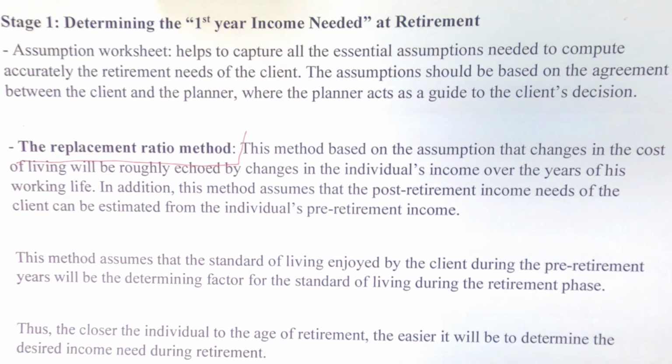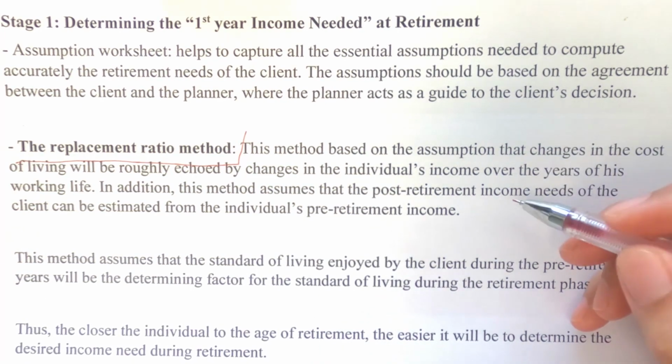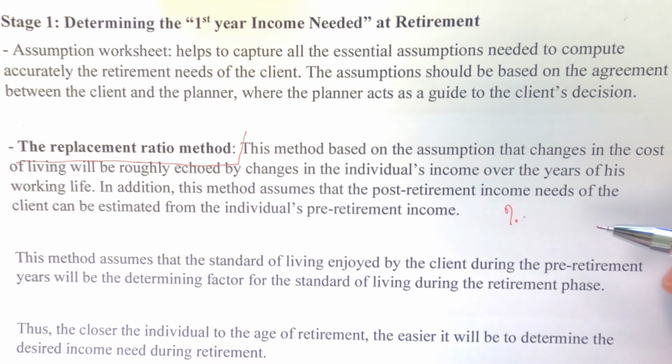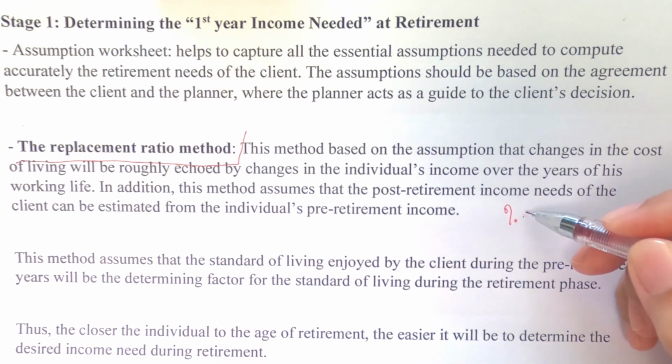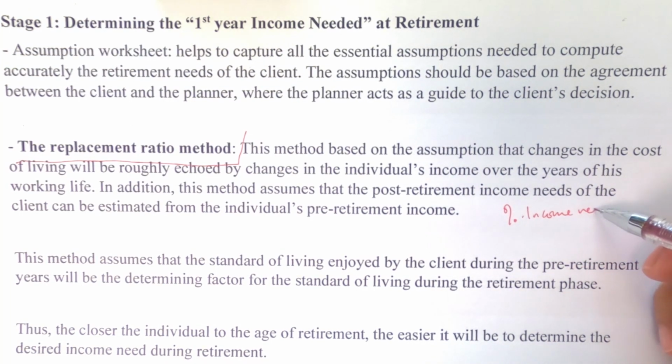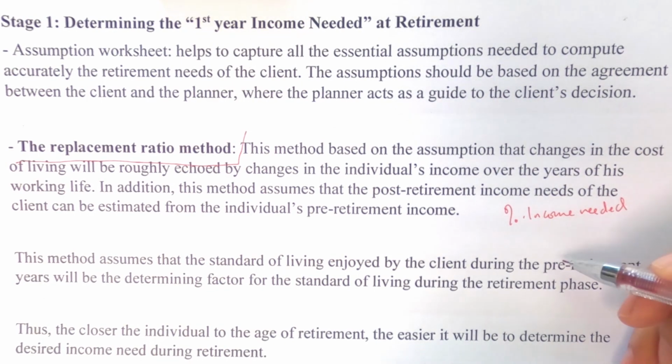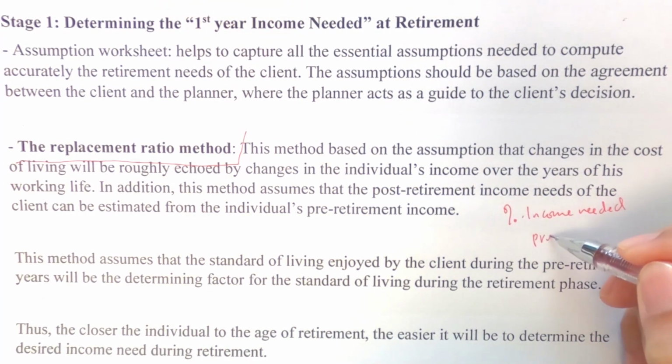In this method, basically it is based on the assumption that changes in the cost of living will be roughly echoed by changes in the individual's income over the years of his working life. Which means we can estimate the percentage of the income needed based on the pre-retirement income.